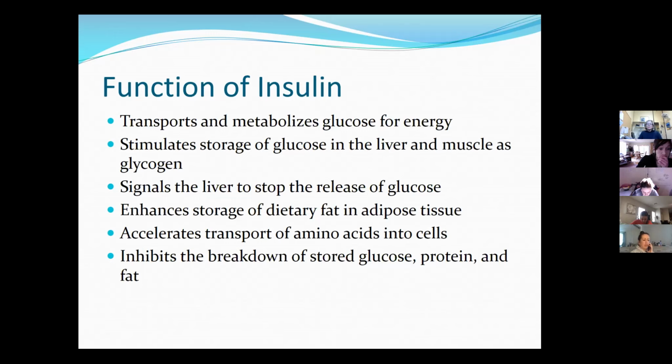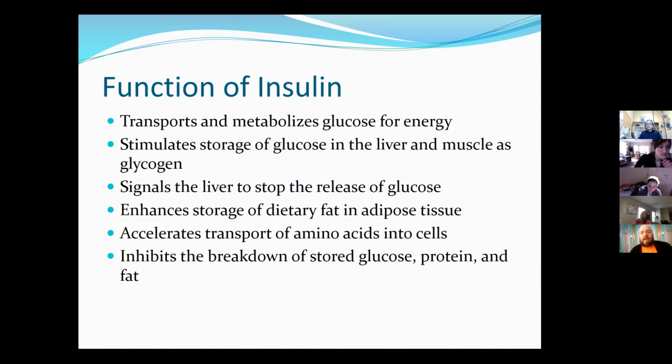Insulin also stimulates storage of glucose in the liver and in muscle as glycogen. Insulin signals the liver to stop the release of glucose. It also enhances storage of dietary fat in the adipose tissue, and it accelerates transport of amino acids into cells.